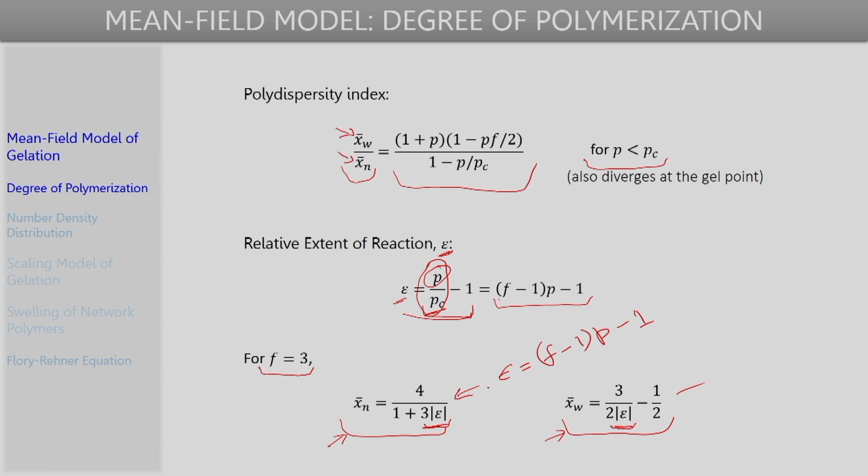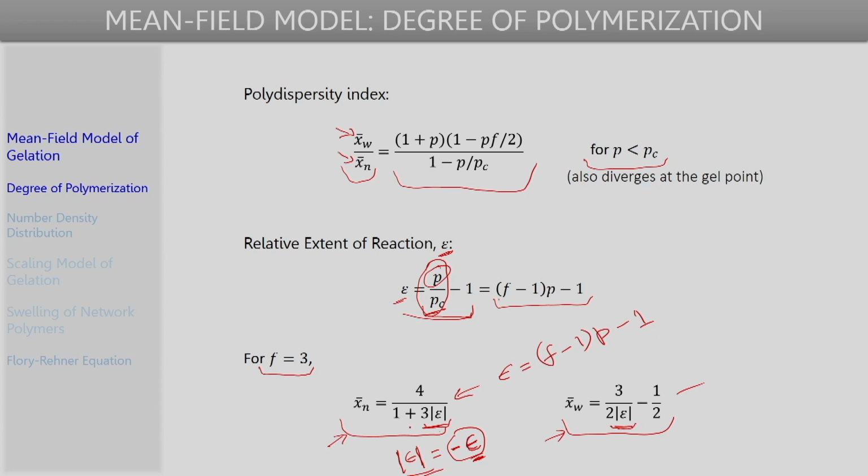Also note that below the gel point the absolute value of epsilon will be minus epsilon, because below the gel point epsilon itself is negative and the absolute value has to be positive. So minus of this epsilon, which is negative, will give us a positive value, which will be the absolute value of epsilon below the gel point.